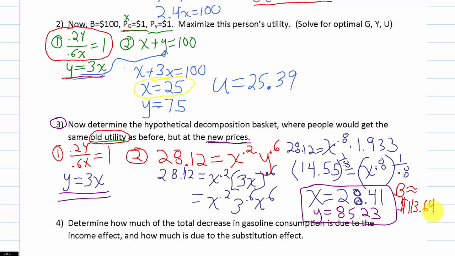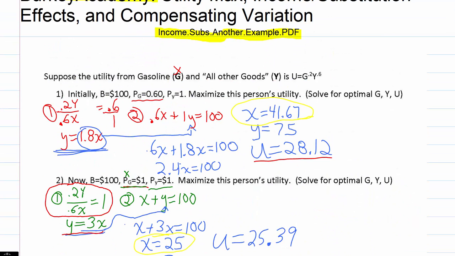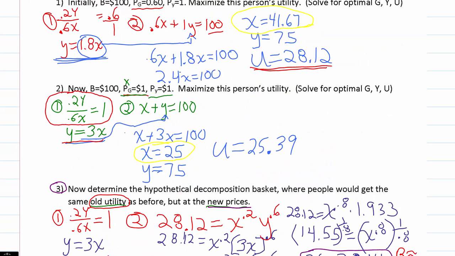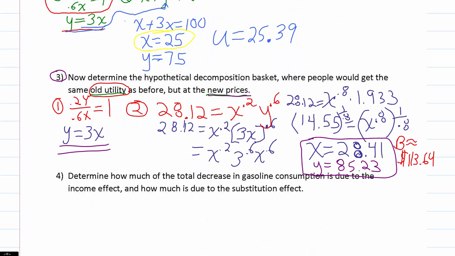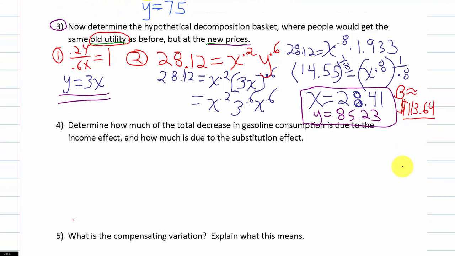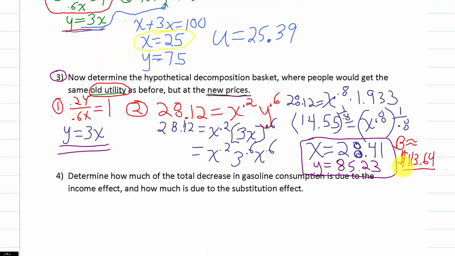Okay. Which is more than our original budget, which makes sense, because when the price goes up, we're not going to be able to get this original utility level with only $100. It's going to take a little bit more money in order to do that, $113.64 in this case.